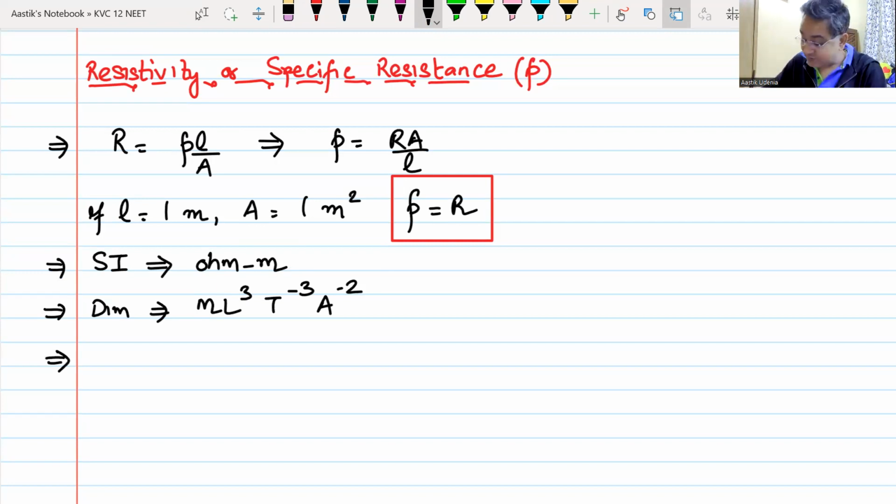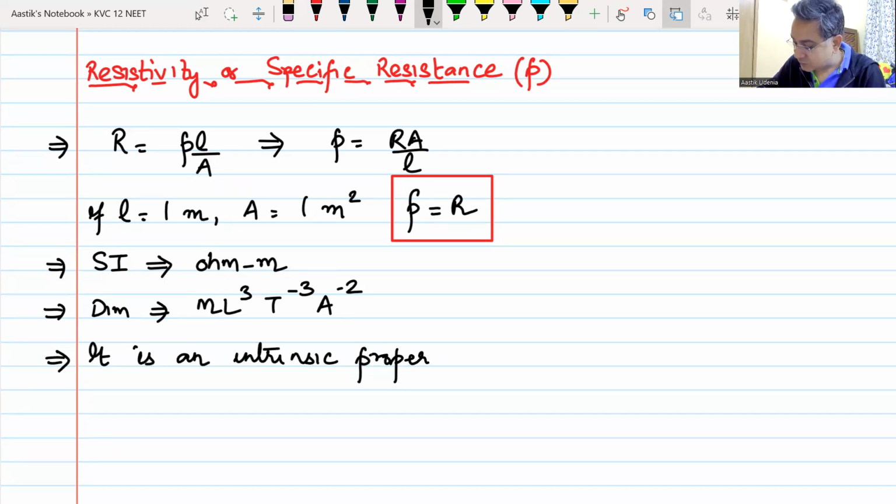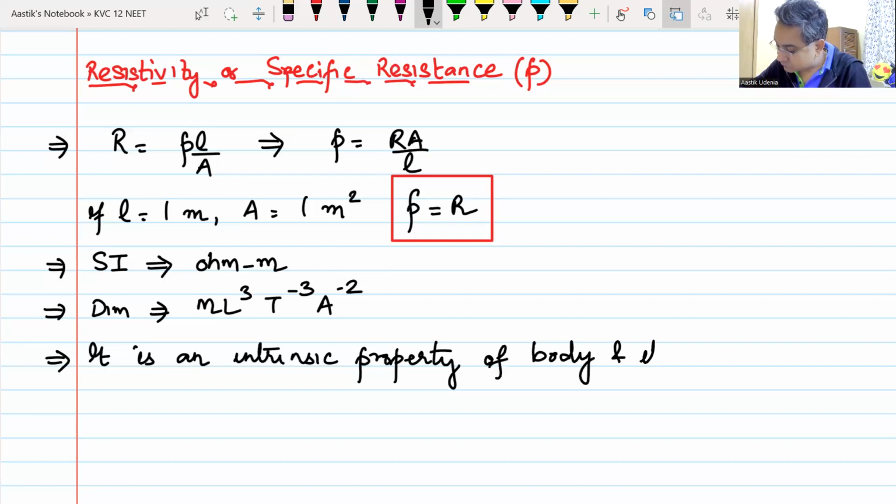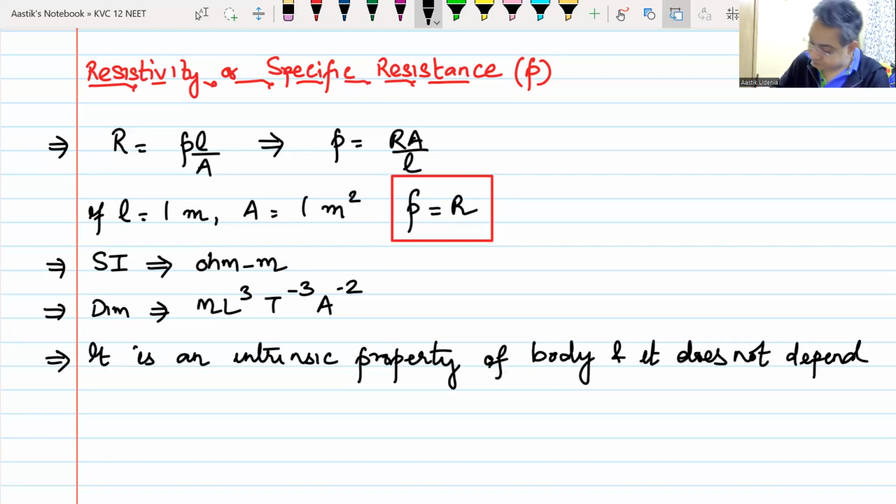Remember, resistivity is an intrinsic property of a body, and it does not depend on the size or the shape.